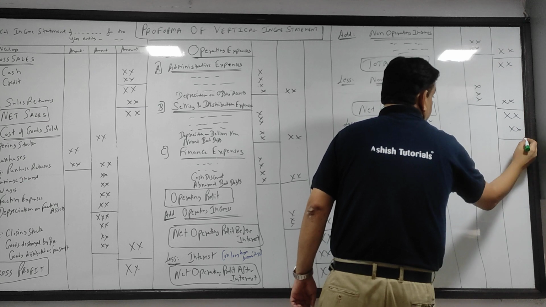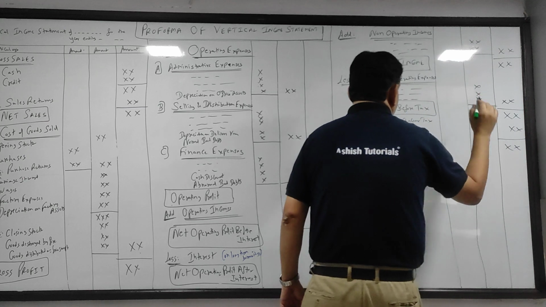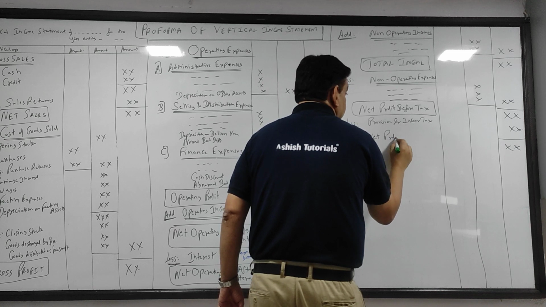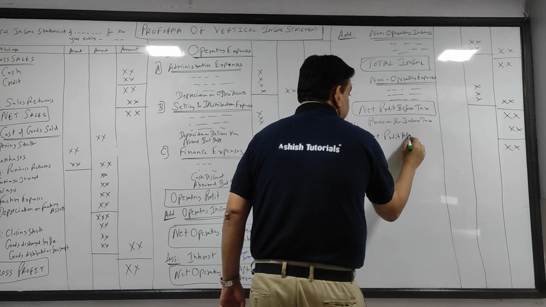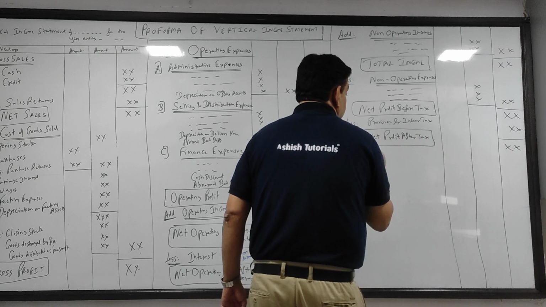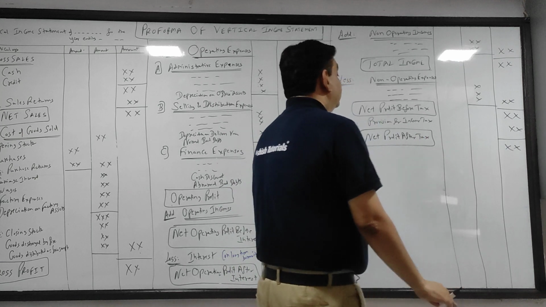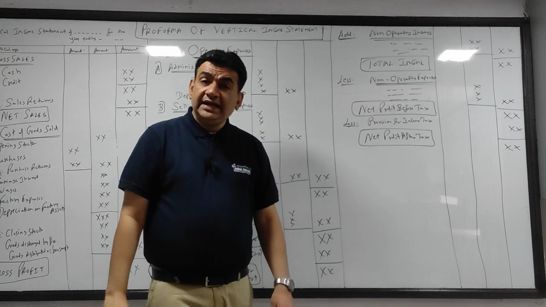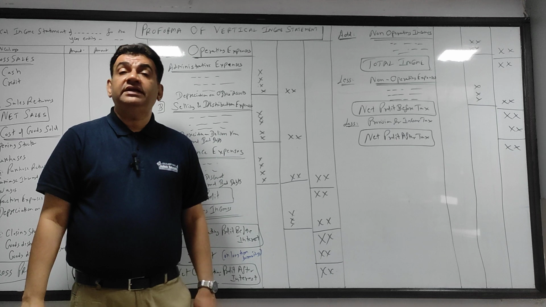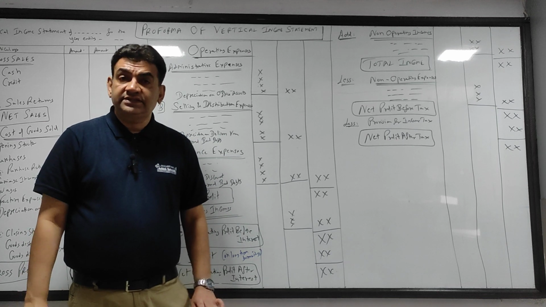Straight away in the third column, take the difference. That difference is my net profit after tax.